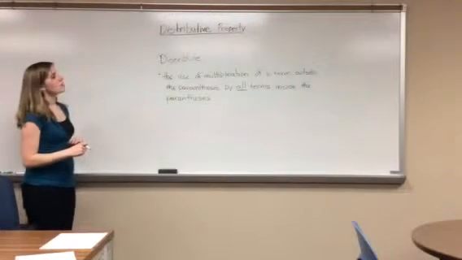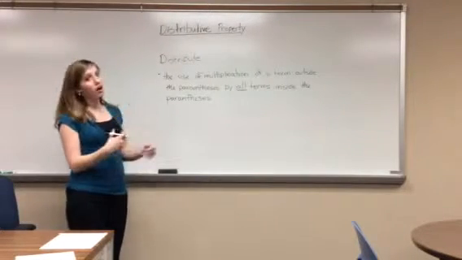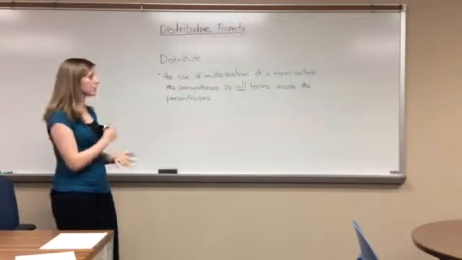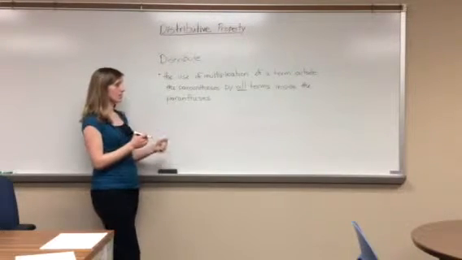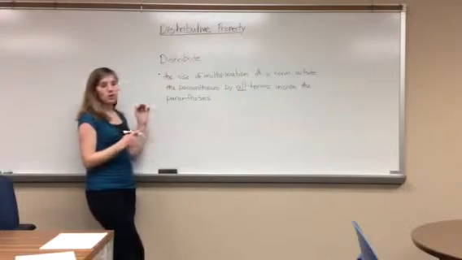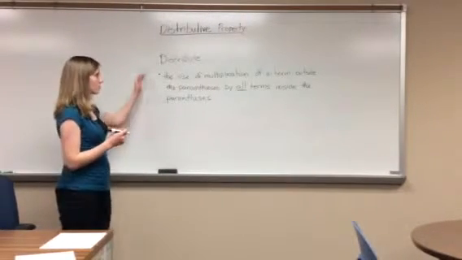Okay. The multiplication of a term outside the parentheses by all terms inside the parentheses. Every single term inside has to get multiplied by the term outside of the parentheses. Okay, so we're going to be taking a look at some examples together of what this looks like.